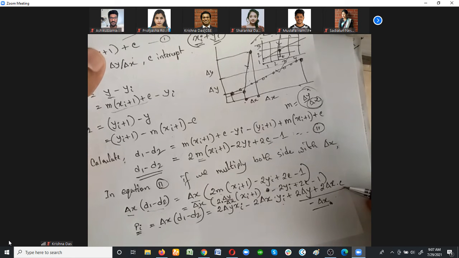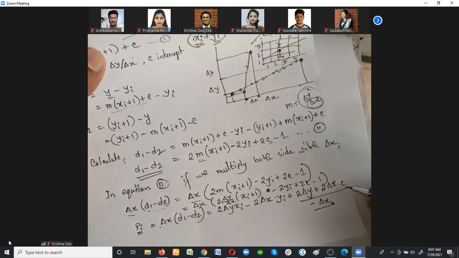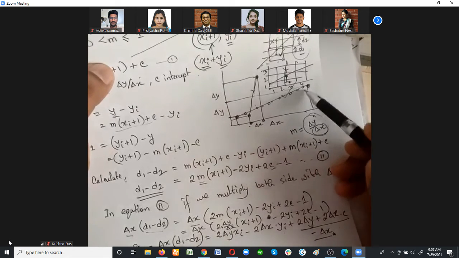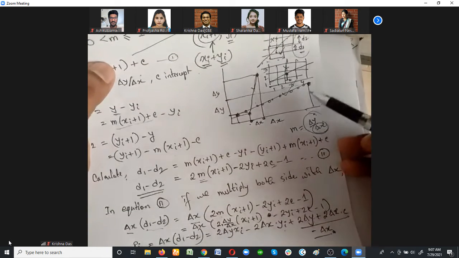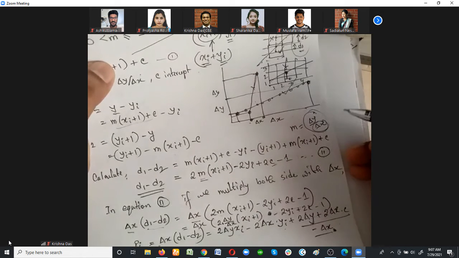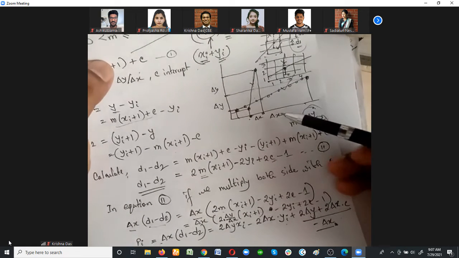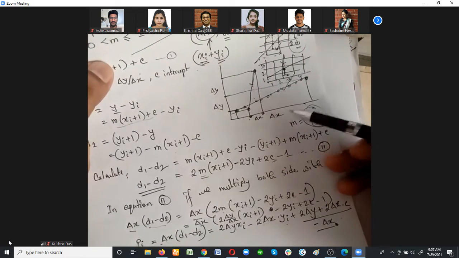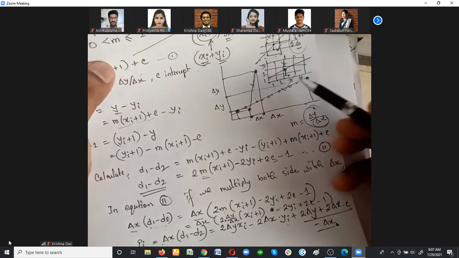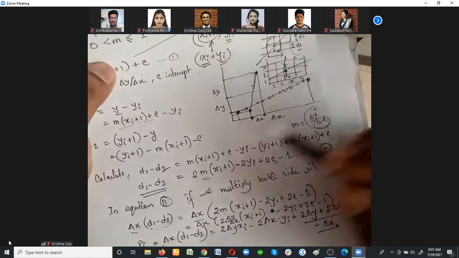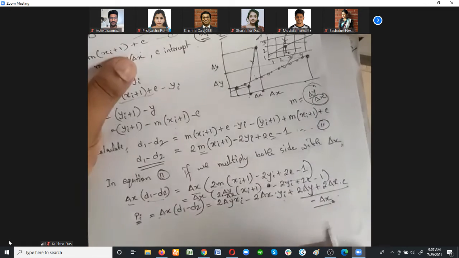Do you get it? Yes, sir. Because for any line, del x and del y are the same, the slope is the same, and the intercept on the y coordinate, which is c, is true for the whole line.